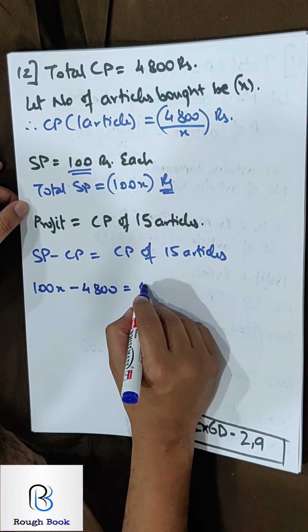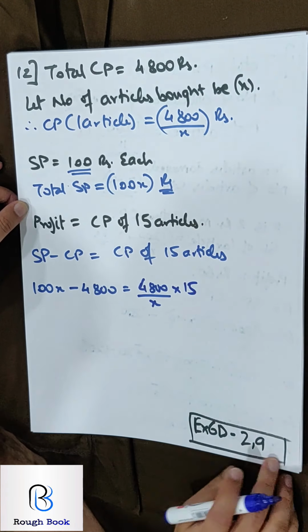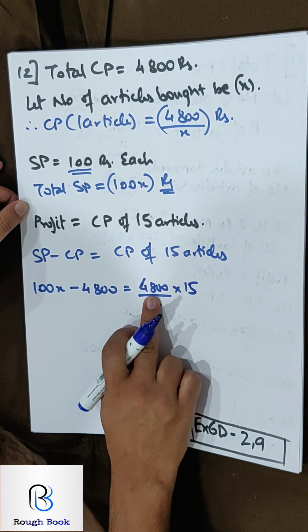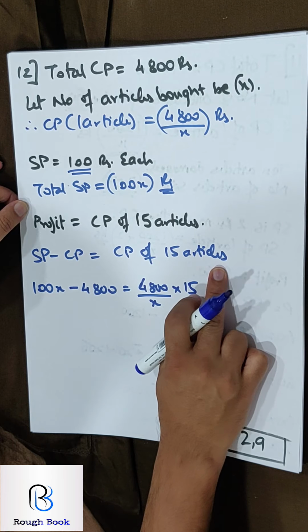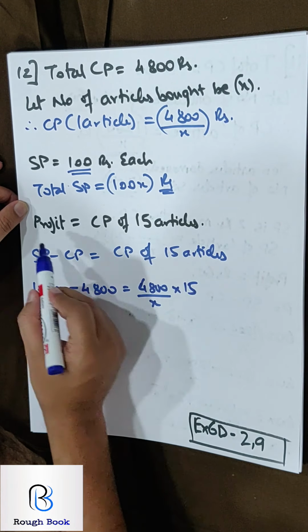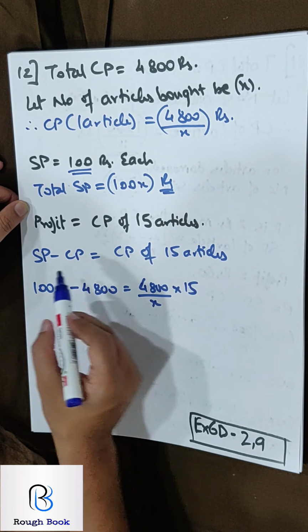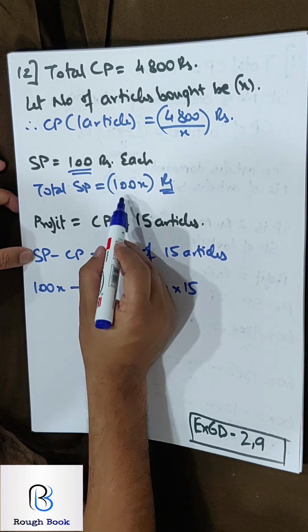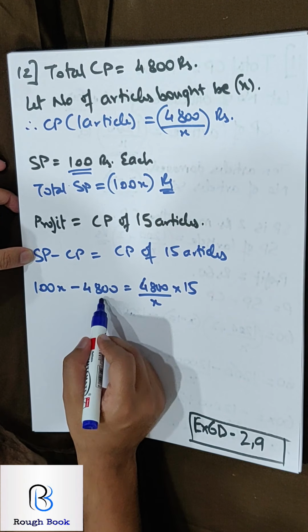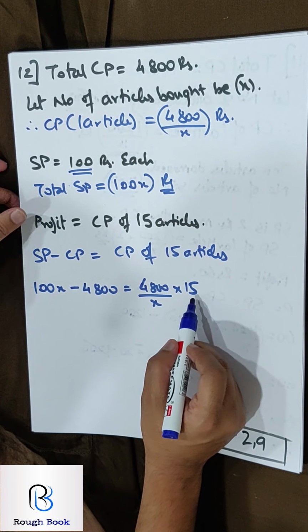So CP of one article multiplied by 15. Are you getting this? CP of one article into 15 is the CP of 15 articles. Once again, profit equals to CP of 15 articles. So profit is SP minus CP, CP of 15 articles. So SP, the total SP is 100x. Total CP is 4,800. And CP of one article into 15.